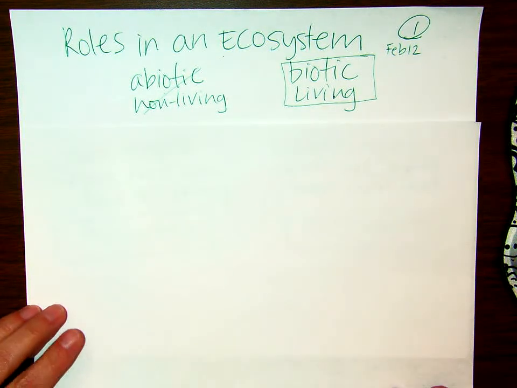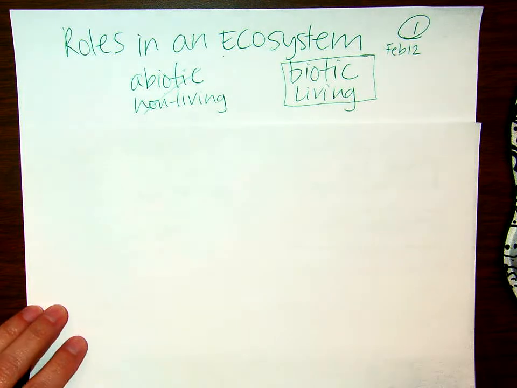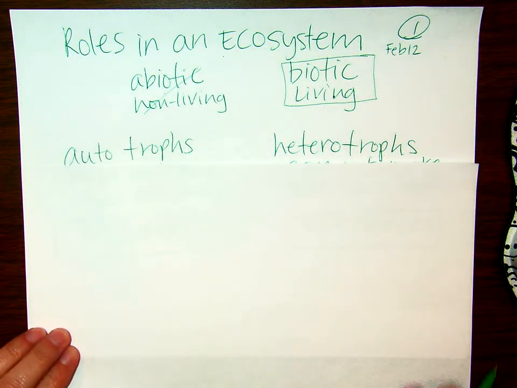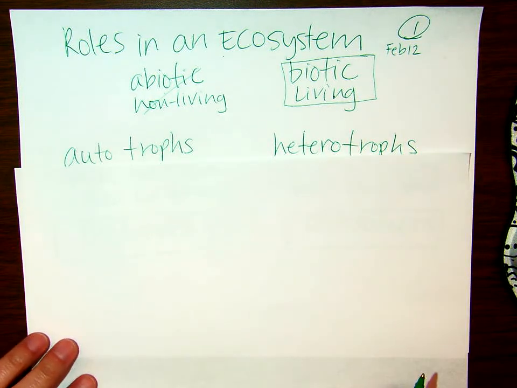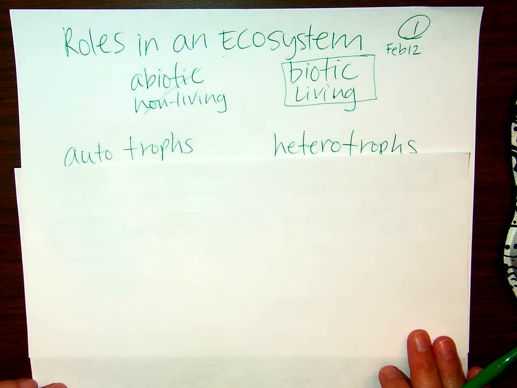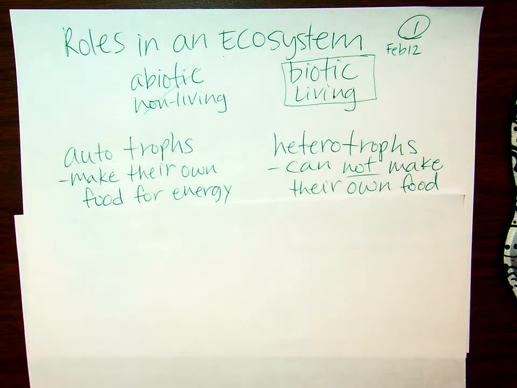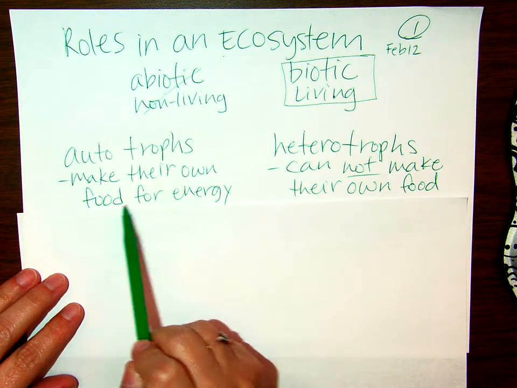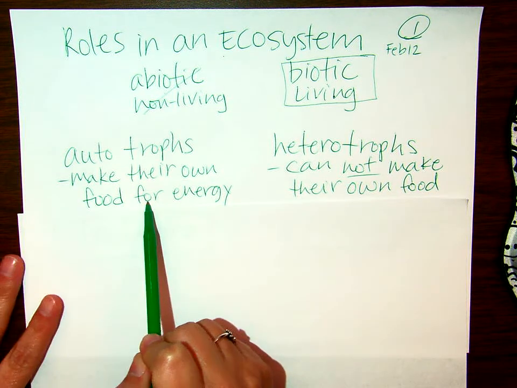So, there are 2 types of living things in an ecosystem. They're called autotrophs or heterotrophs. Autotrophs can make their own food for energy.